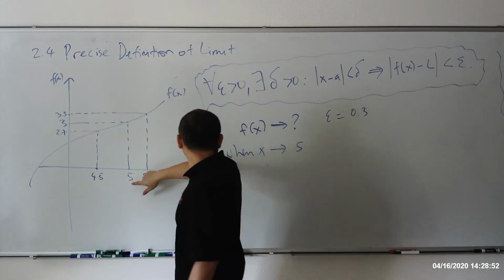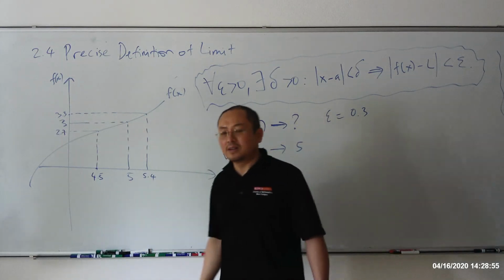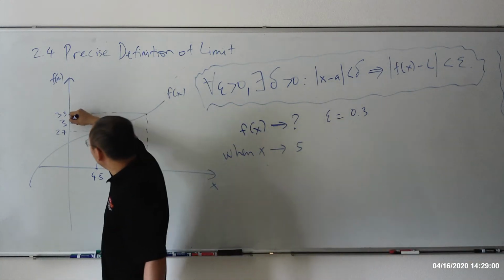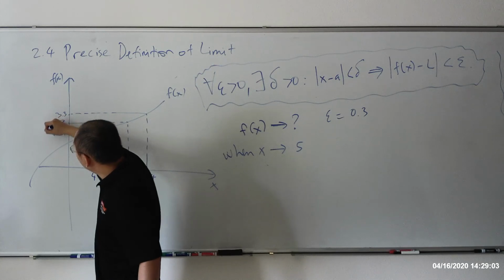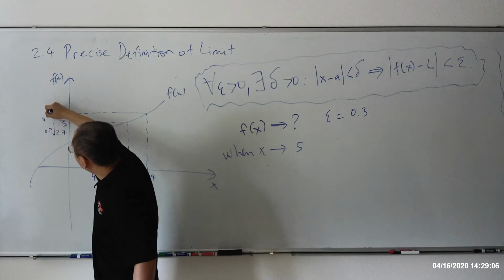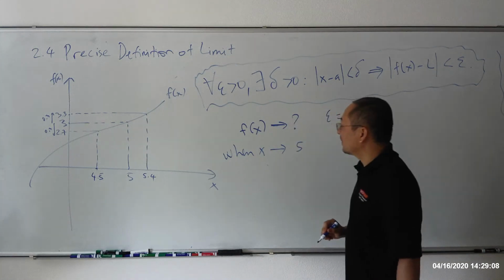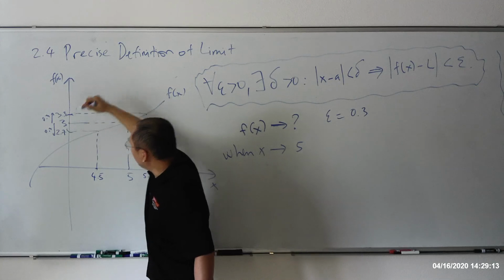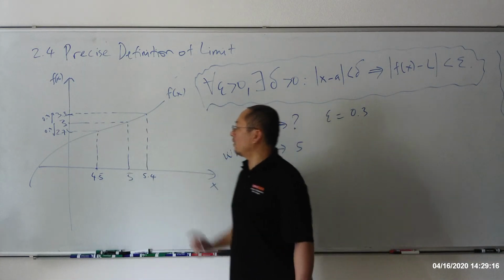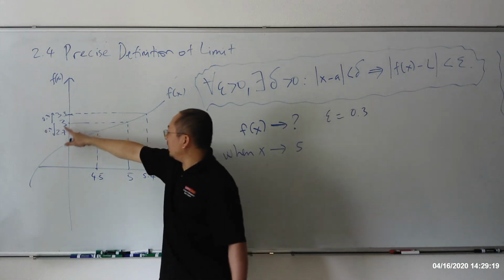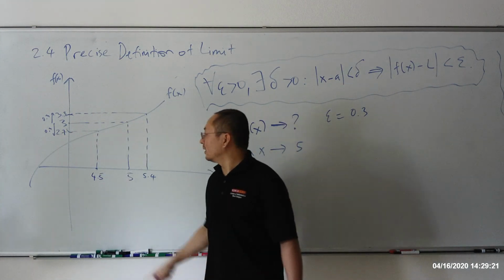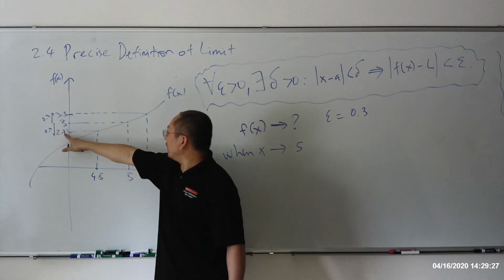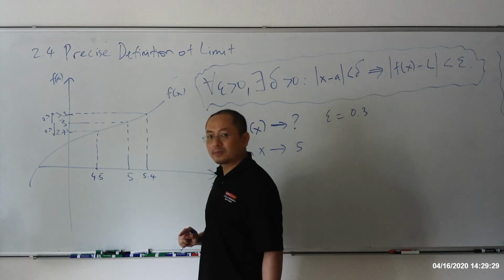You see that in here, x equal to 5, f of x equal to 3, right? So we can calculate the two boundaries right here. See what happened? 0.3 for epsilon means that from 3 in the middle, you can go down 0.3, you can go up 0.3. And then from this interval for f of x, you can find the interval for x. When 3 goes down by 0.3, you have 2.7. When f of x is 2.7, x is 4.5.